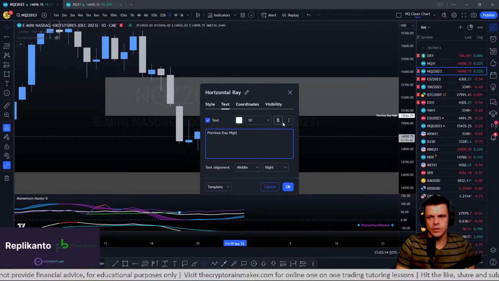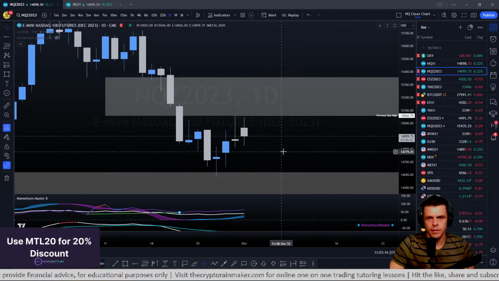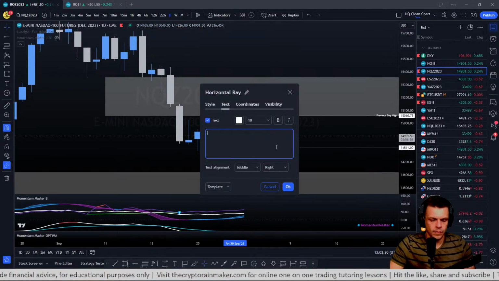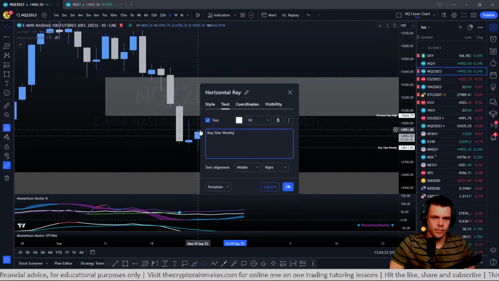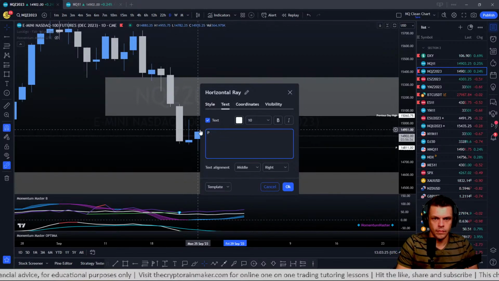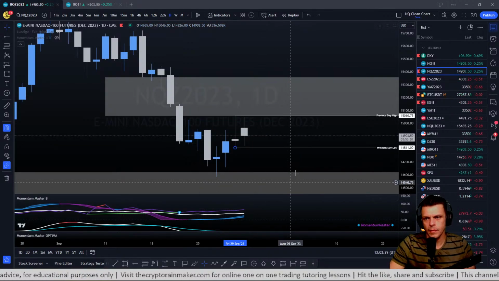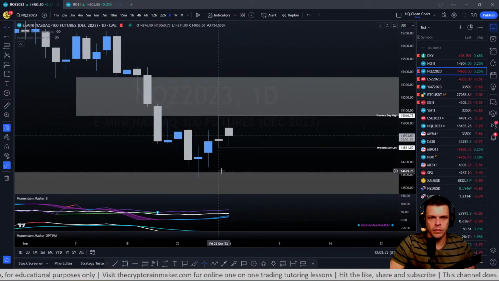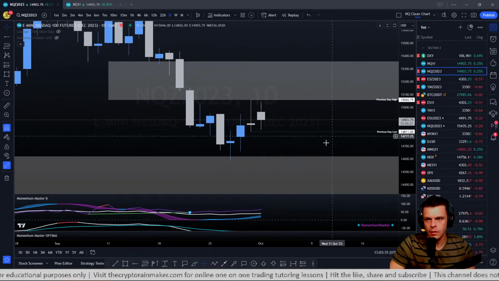So that's the previous day high. Previous day low. See, we've not taken any of the liquidity above the high or below the low.